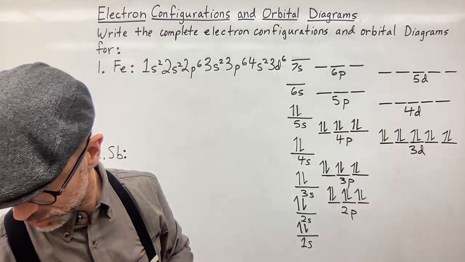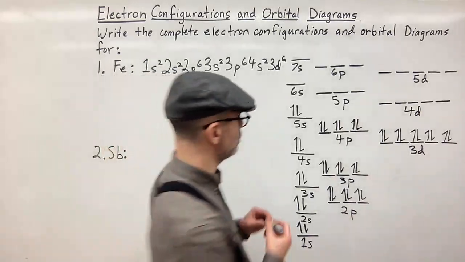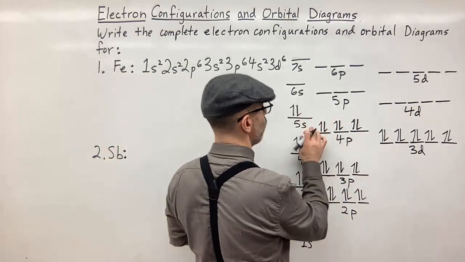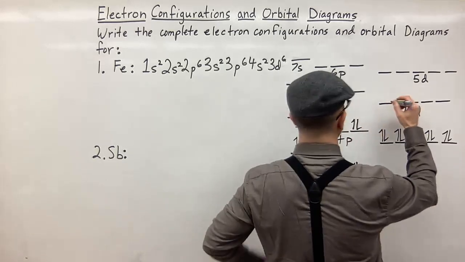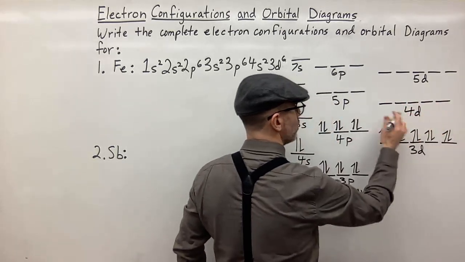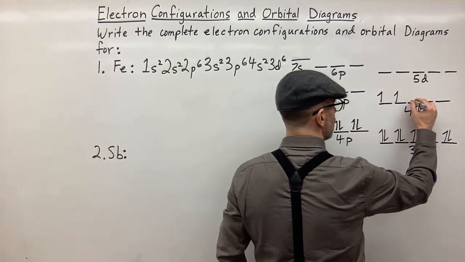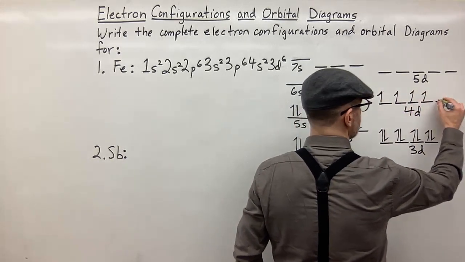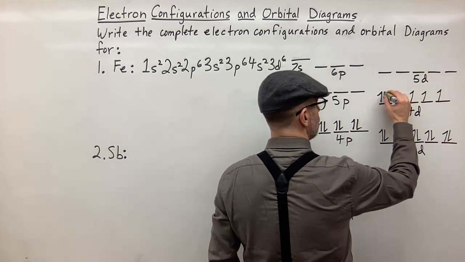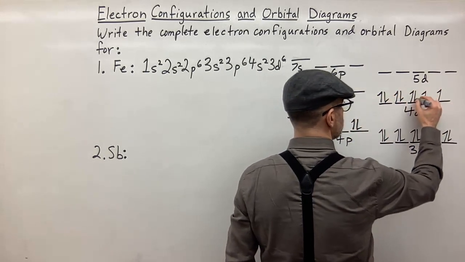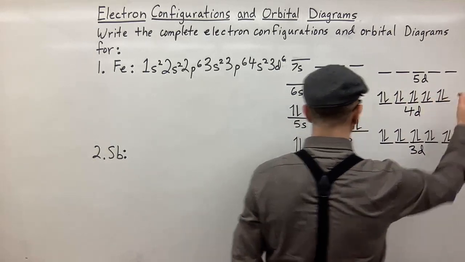Okay, so again, these are equal energy. So I'm going to put 1 at a time according to Hund's rule. So spin up, spin up, spin up, spin up, spin up. And then I'm going to pair them up. Spin down, spin down, spin down, spin down, spin down.